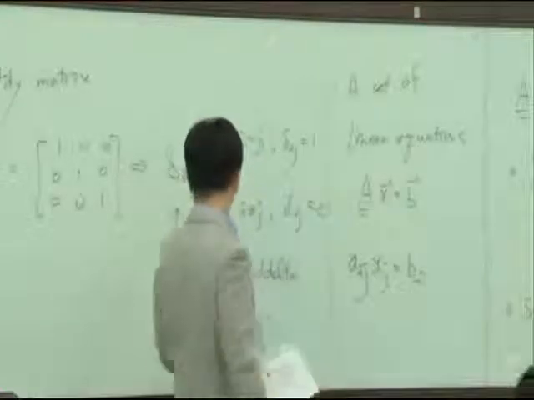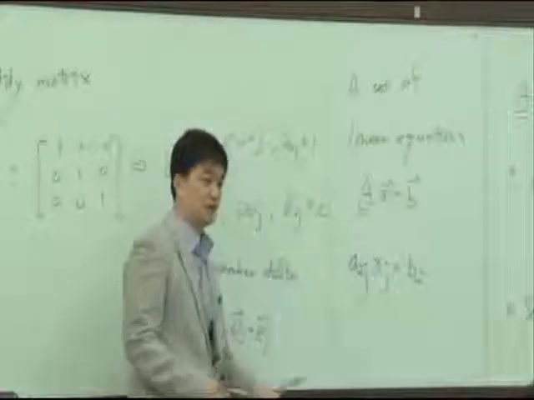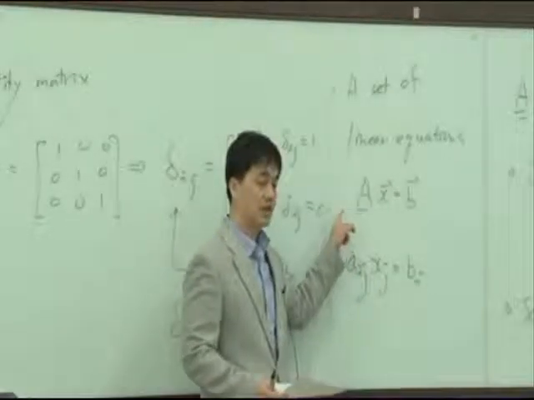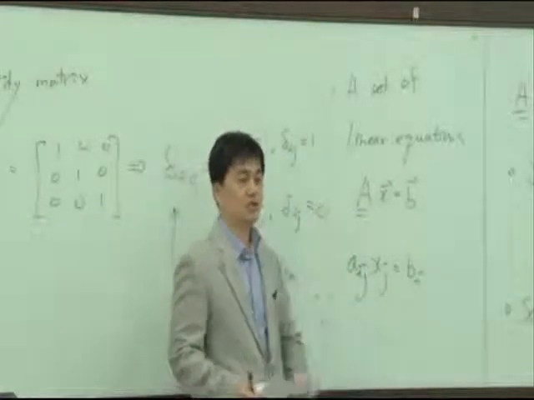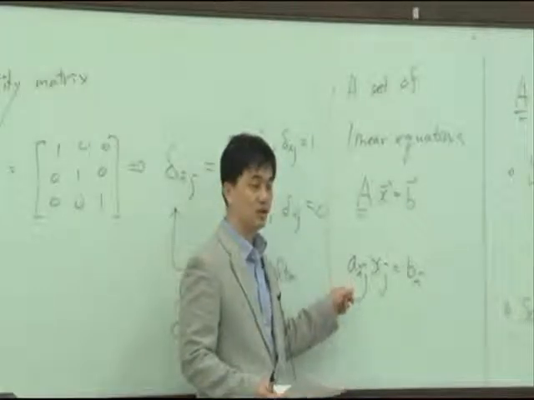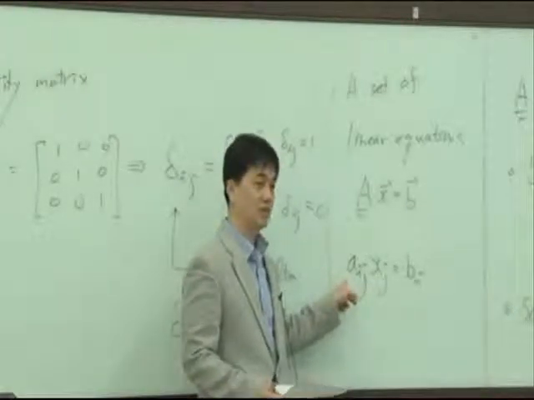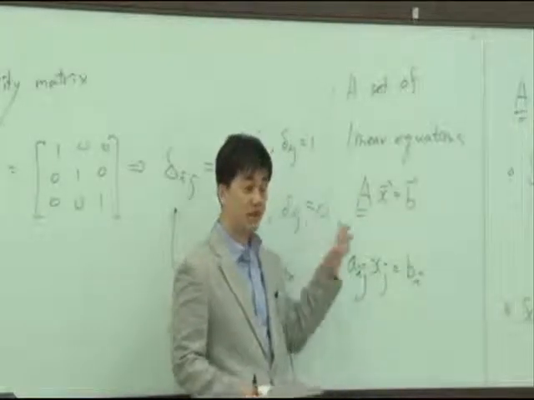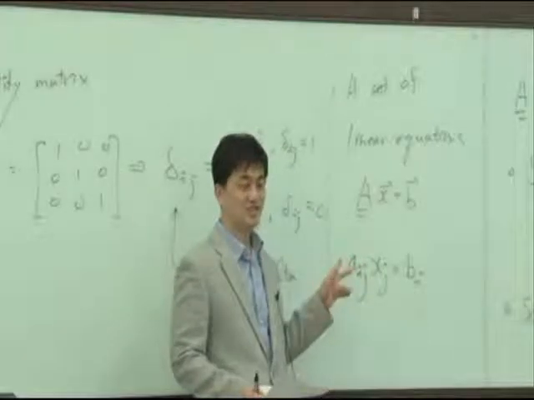Okay, so let me ask you one more question. Let's say matrix A is a 3 by 3 matrix. Then how many equations do we have in this tensor form? 9? 3?